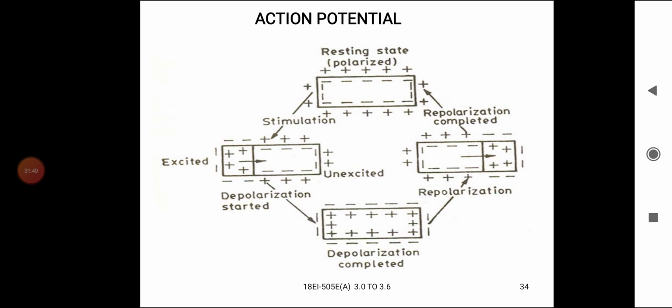When depolarization started, and when depolarization is completed, the outside of the cell is totally negative and the inside totally positive.